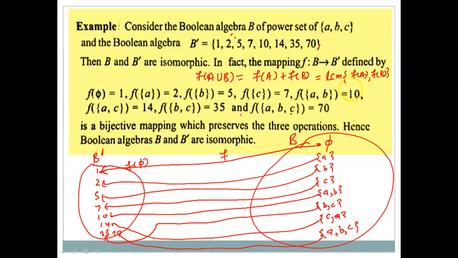So actually the meaning is LCM of 2 and 5, that is 10. Similarly we can have f of A intersection B equal to f of A dot f of B, that is equal to GCD of f A and f B. So we can check all the three properties. That means f of A complement also can be checked that it will be equal to this thing. So in this way you can check that these two Boolean algebras B and B dash are isomorphic.